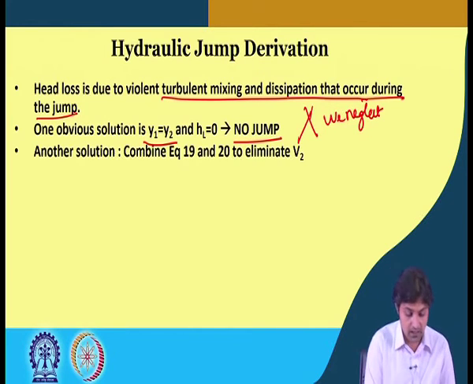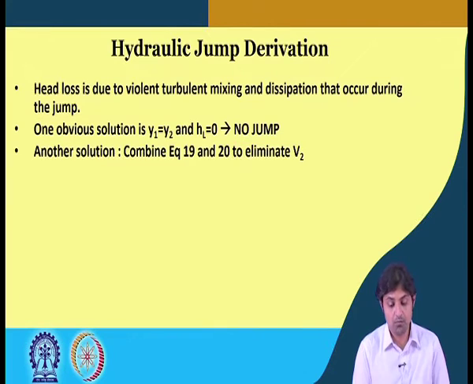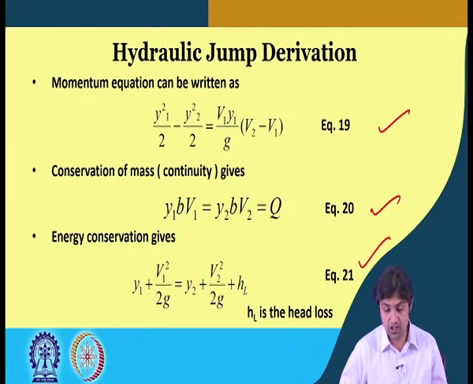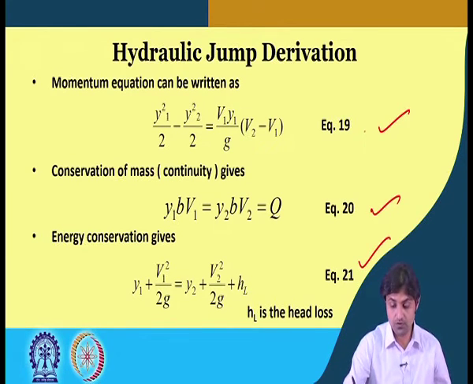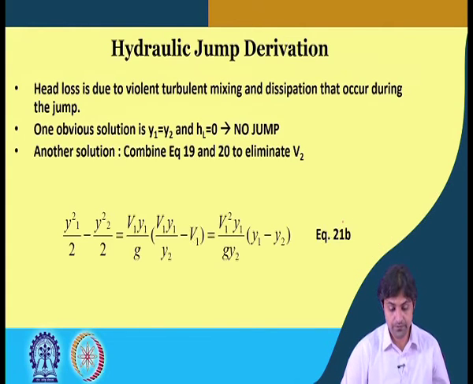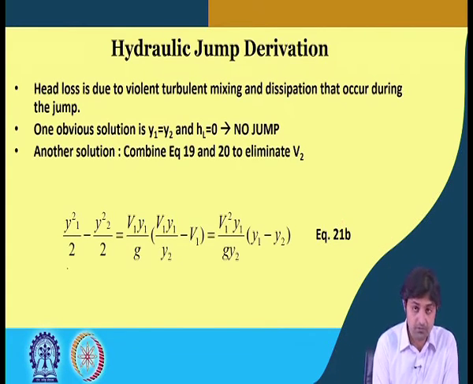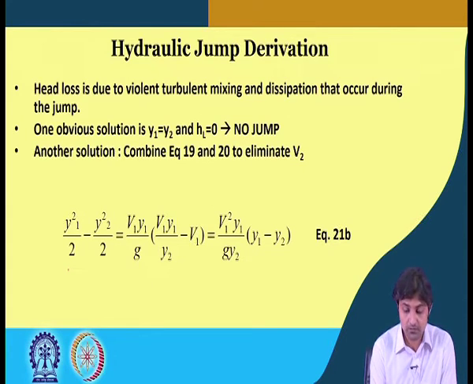In the second case, another solution is, if we combine equations 19 and 20 to eliminate V2. You go back and see what equations 19 and 20 are; we can eliminate V2 and write everything in terms of V1. So, using these two equations, this is equation number 19: y1 square minus y2 square by 2 is the same as the left hand side, V1 y1 by g times, and here you remember there was a V2 term.